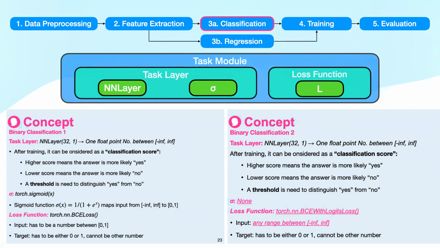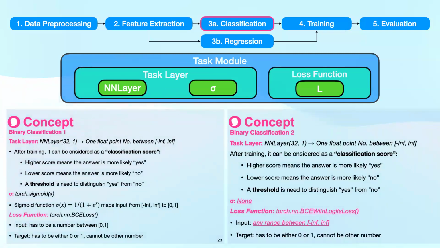Basically, it takes an input from any range from -infinity to infinity, and it outputs a single number between 0 and 1. So the sigmoid function can output something that's more like a probability, right? After the sigmoid function, I can interpret my classification score as a probability. So this event is 90% likely to be a signal, 10% likely to be a background.